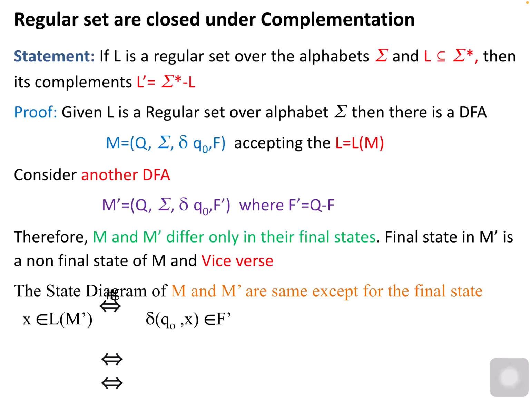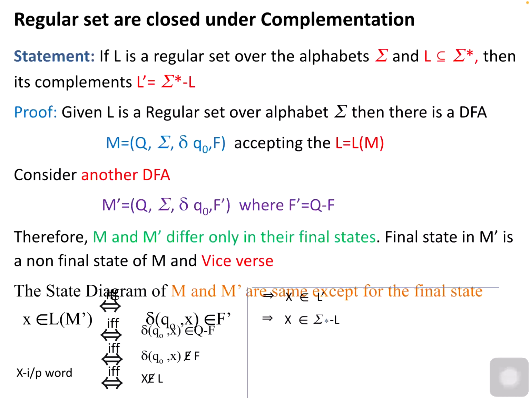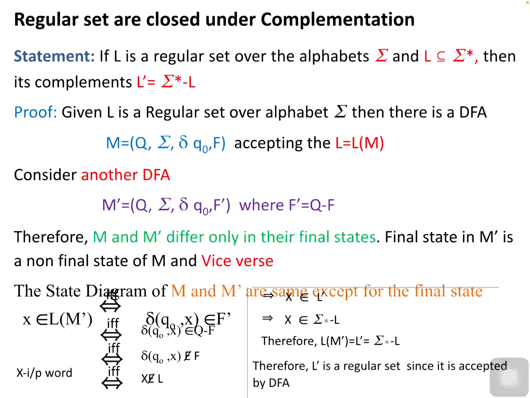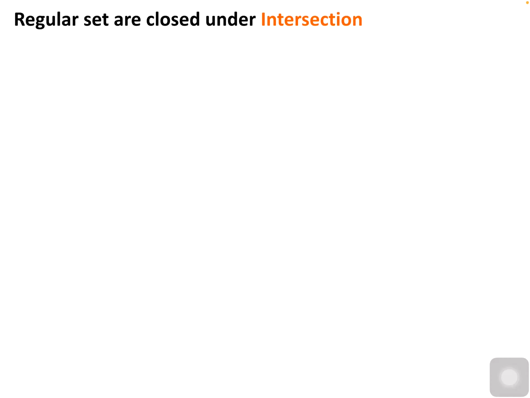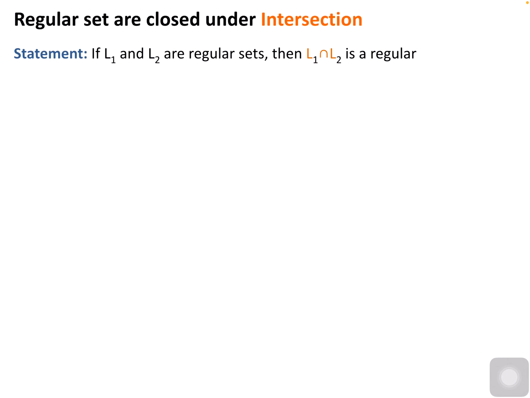One more property is intersection, which is also closed under regular sets. The statement is: if L1 and L2 are regular sets, then L1 intersection L2 is regular. The proof is like this: L1 and L2 are given as regular sets in the statement.